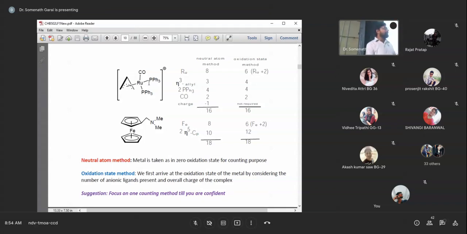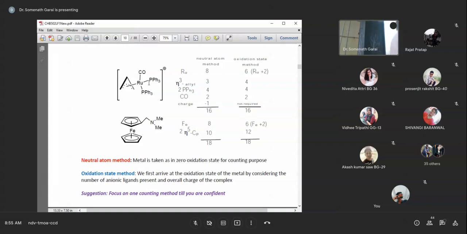Then what is next? After iron, cobalt, rhodium, iridium, nickel, palladium, platinum, copper, silver, gold, zinc, cadmium, mercury. This is the way you have to remember it. Because then what will happen? Once there is a metal, you know which group it is coming from.